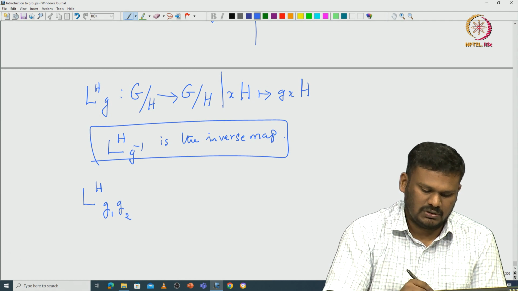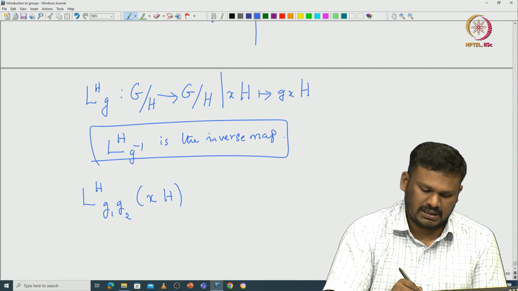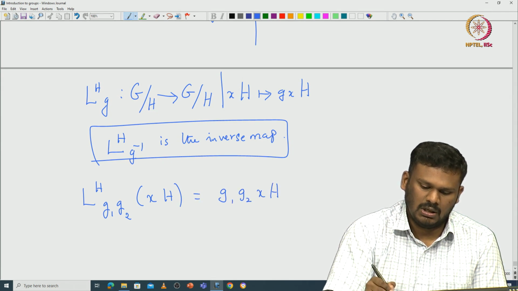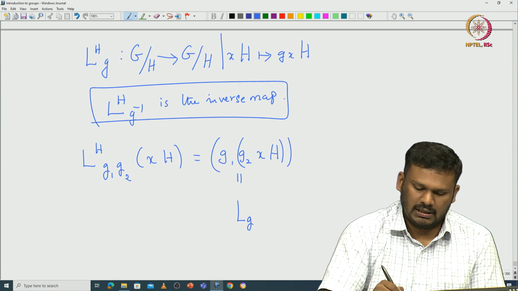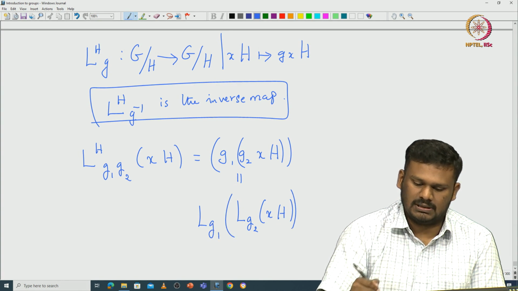So, L_{g1 g2} applied on any coset xH is going to be g1 g2 xH, but this can be grouped as follows. That means this is exactly equal to first you take L_{g2} and apply it on xH and then you apply L_{g1} on this. Okay.